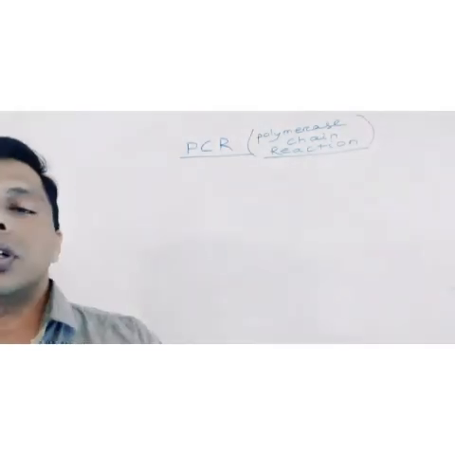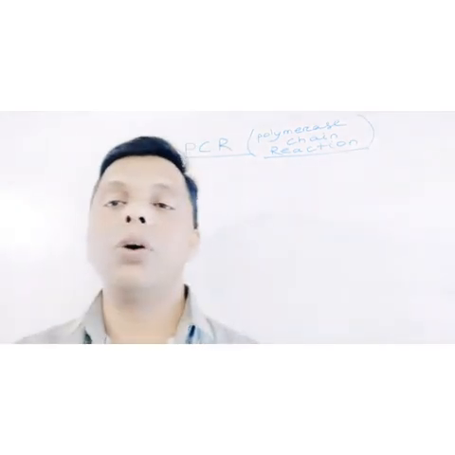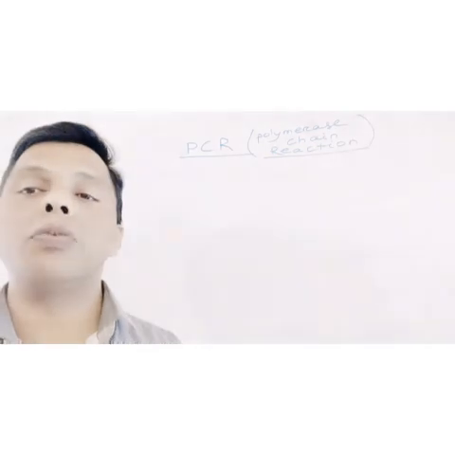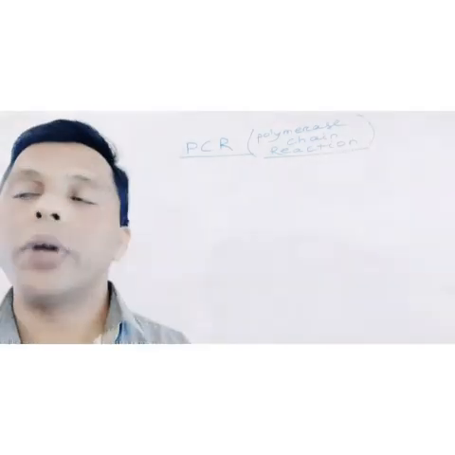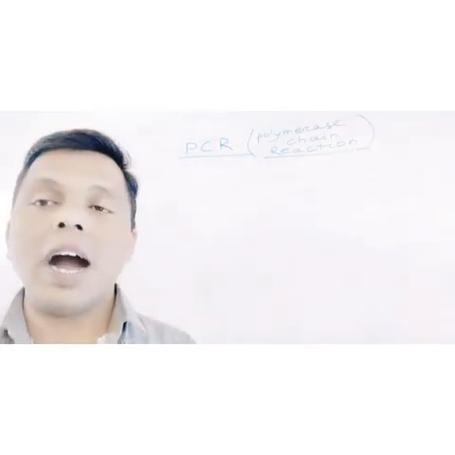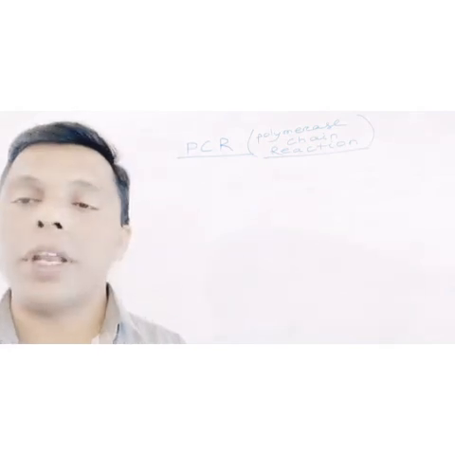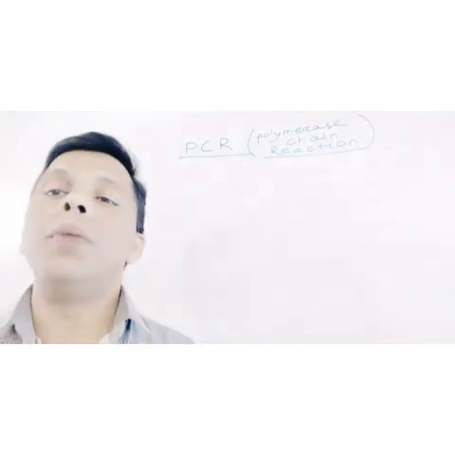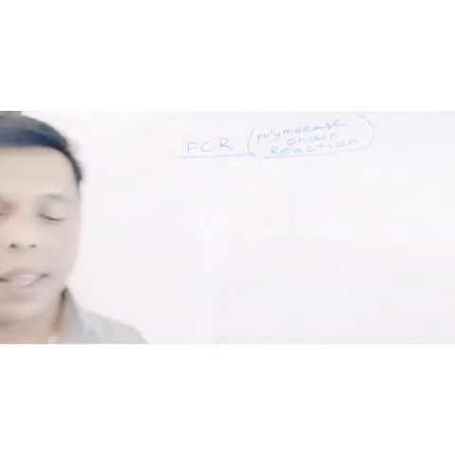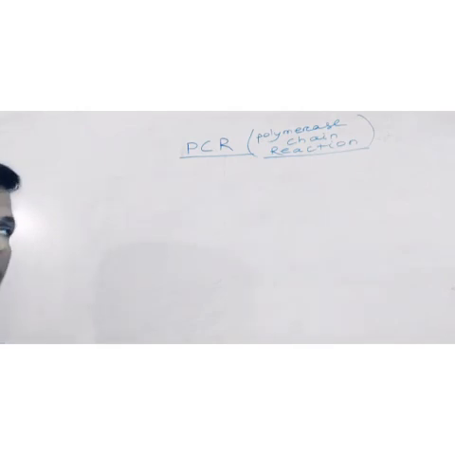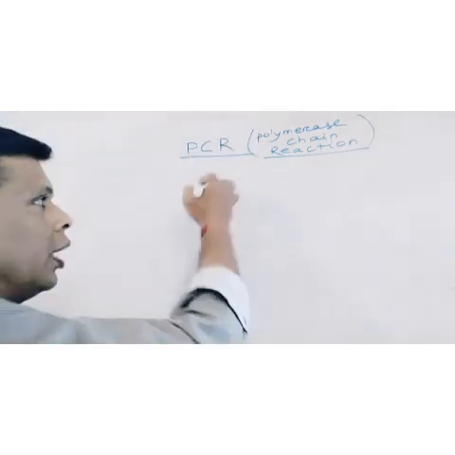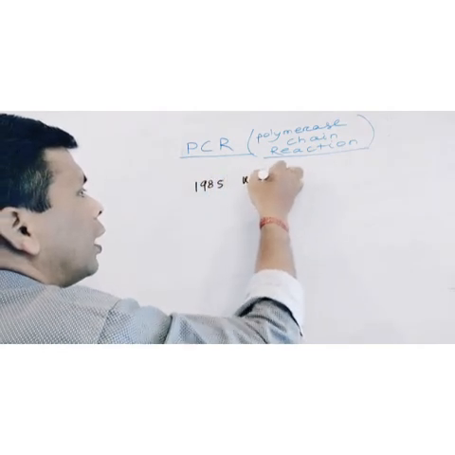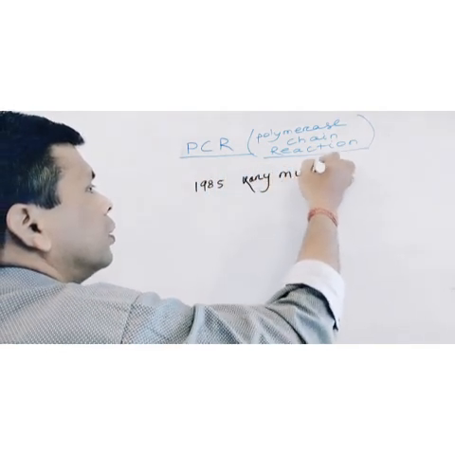In this reaction, there is no need of a living cell, there is no need of amplifying unnecessary sequences of DNA, and within a very short period we can amplify the DNA into millions of segments. This technique was first discovered in 1985 by Kary Mullis.